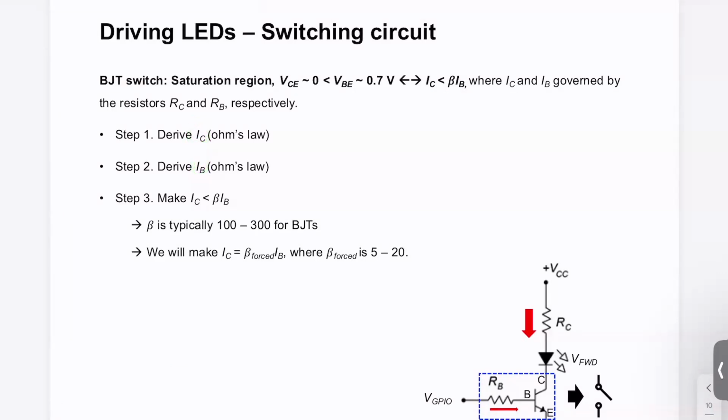Once we have these two formulas, we want to make sure IC is less than beta times IB. Beta is typically like 100 to 300 for BJTs. So to be very safe, we will force this ratio to be around 5 to 20. So let's just make it 10.